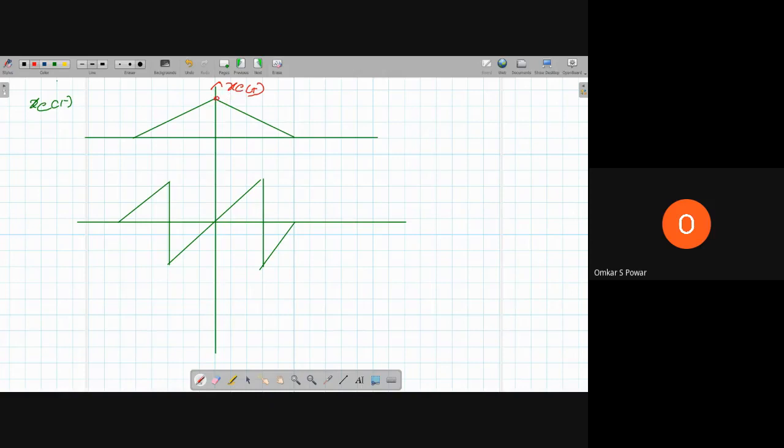So its value at here was 2, 0, 1 and 2, minus 1 and minus 2. So this is your odd component. So 0, 1, 2, minus 1, 1. So if you go back and see, it will be this one. So this is your odd component.